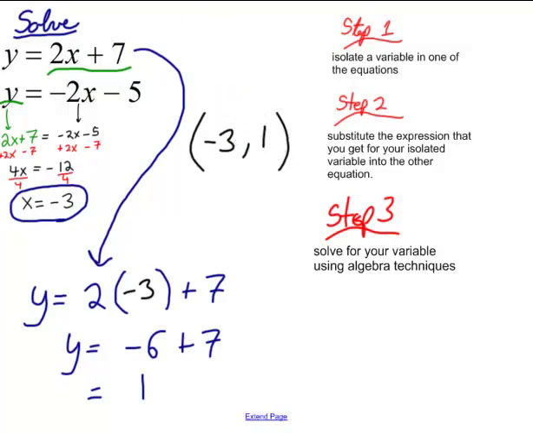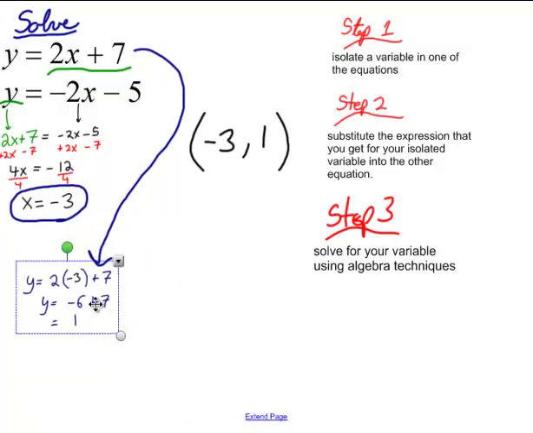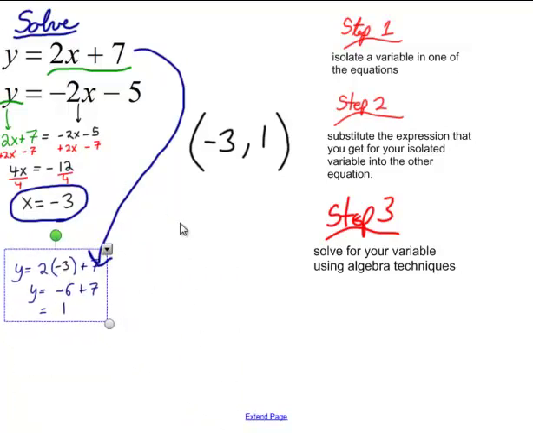Well, the last step now is to check our answer. Let me write this down as step 4 though.